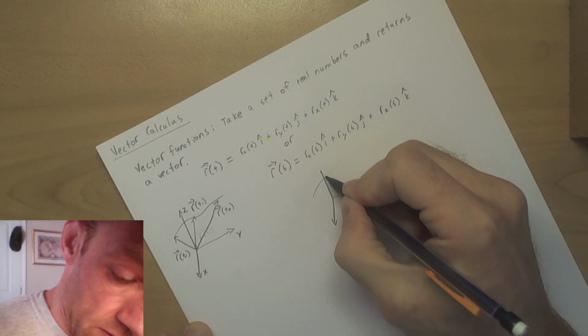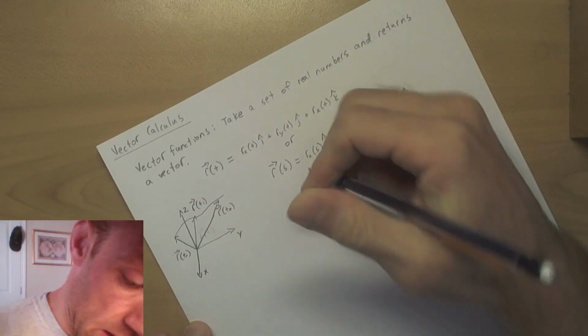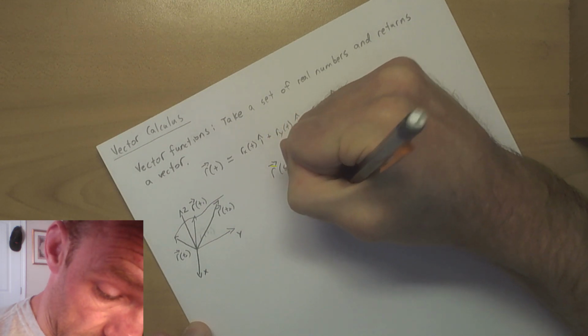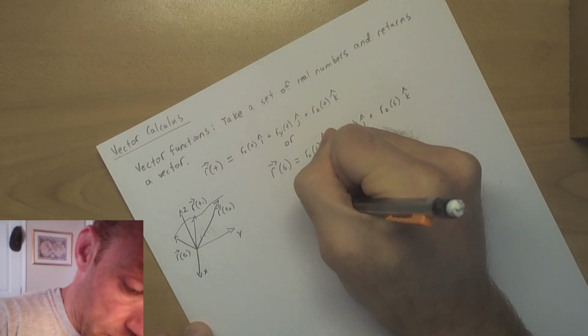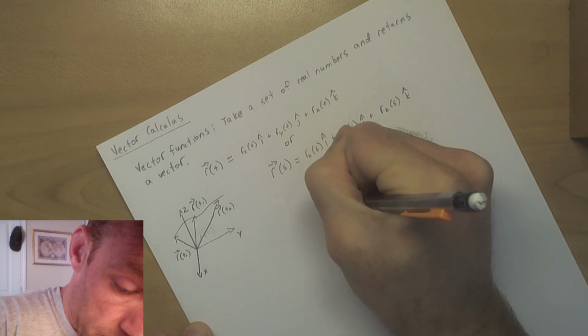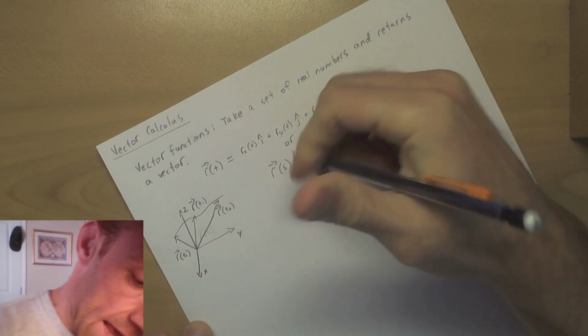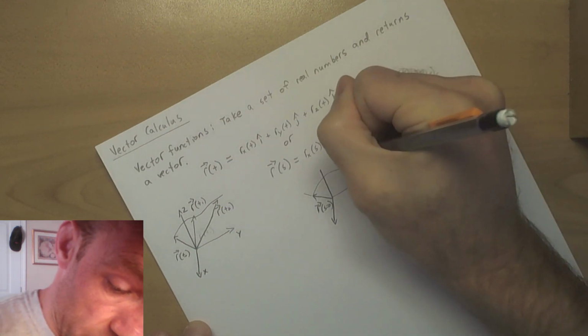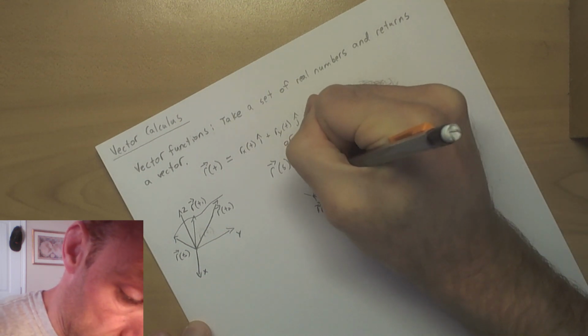So roughly given the same curve, this might be when s equals 0. And s is defined as the arc length along the path.